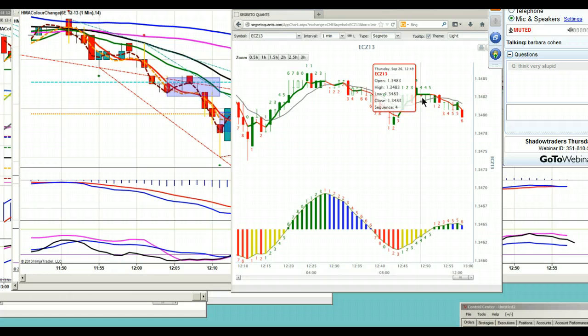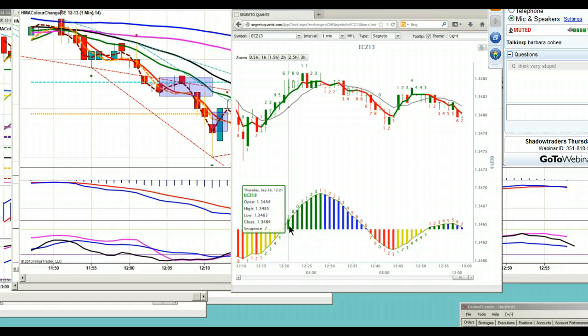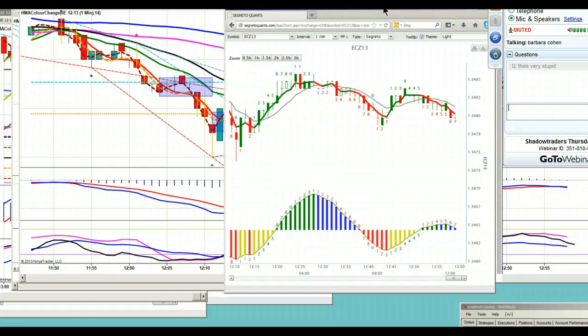But what you want to watch for is that the reason they designed the numbering system along with the color coding system is to help you with timing. And this reversal really started way back here at number 2. Number 1 and number 2, especially where that cross is happening, that's where taking advantage of the counter trend and the reversal trend should have occurred. It should have actually happened.